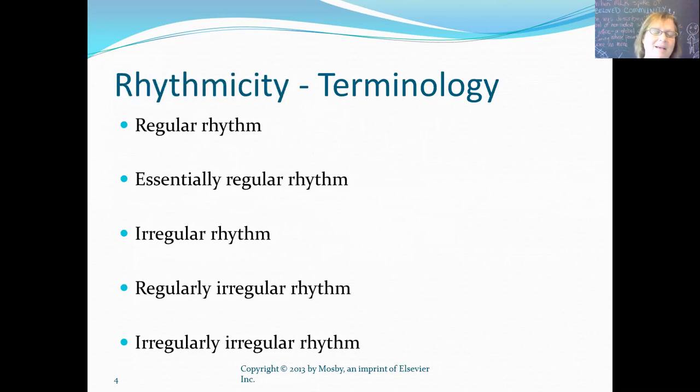I'm never going to ask you to name these last two elements, whether you have a regularly irregular rhythm or an irregularly irregular rhythm. Part of that is just, again, you'll become really intuitive and you'll figure it out. A regularly irregular rhythm is with some kinds of blocks.